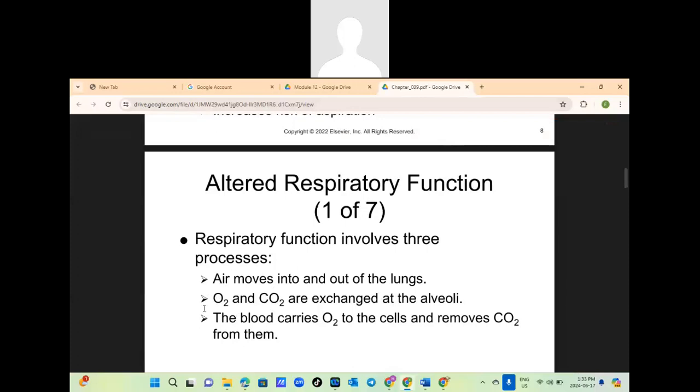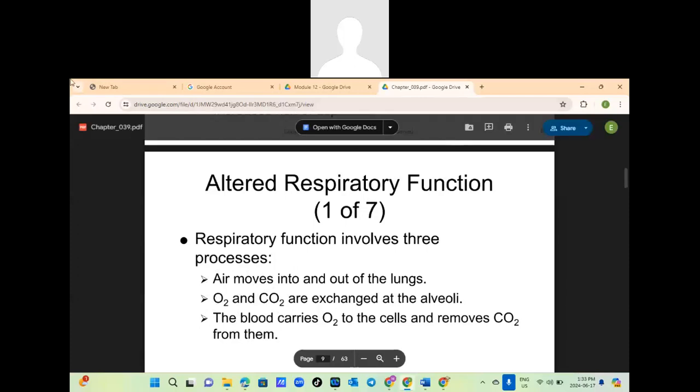We want the O2, and we're going to eliminate carbon dioxide from the body. The blood carries oxygen to the cells and removes carbon dioxide from them. The gas exchange happens where? In the alveoli.